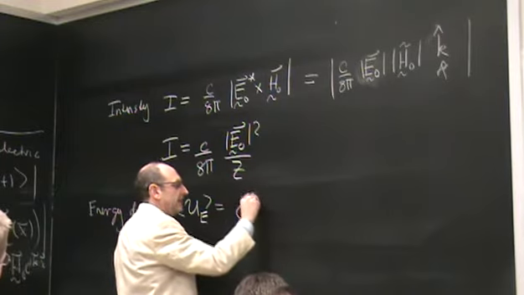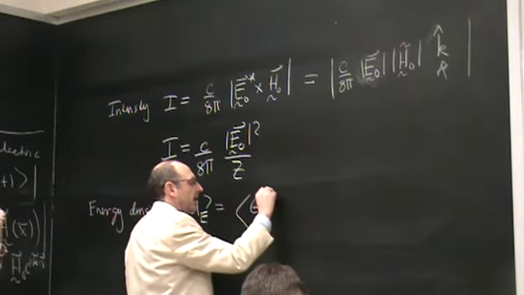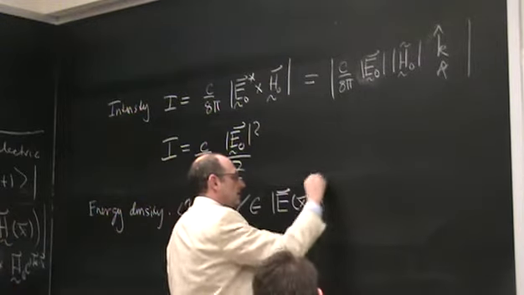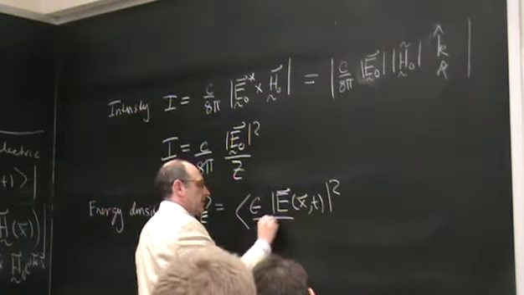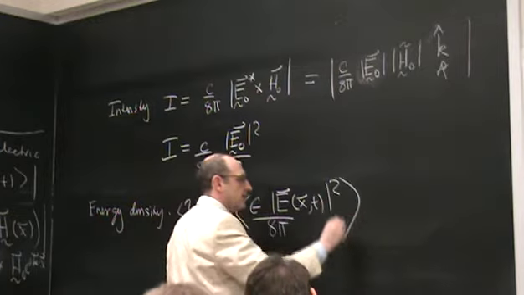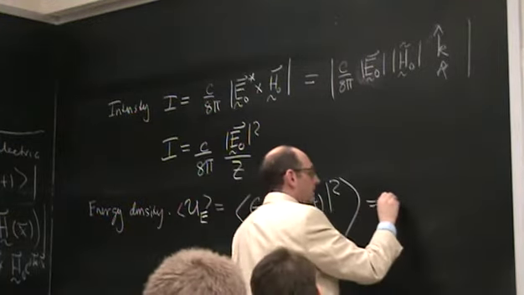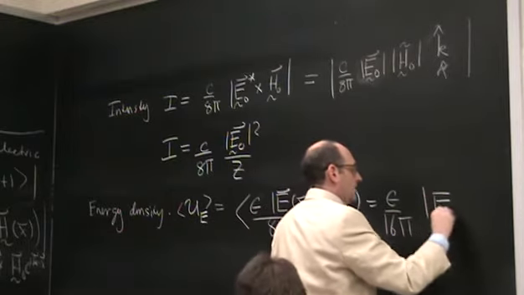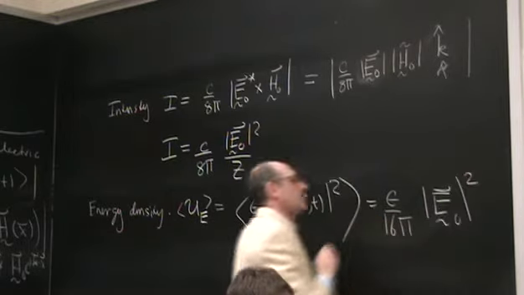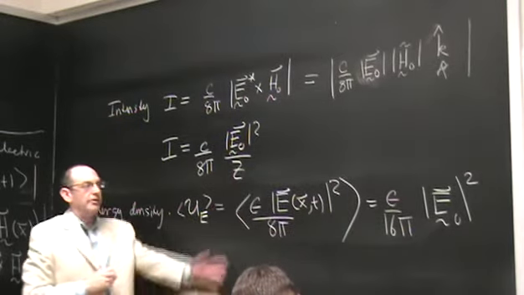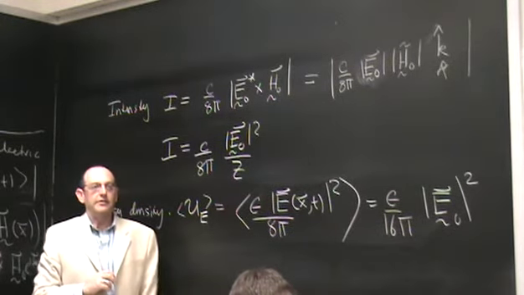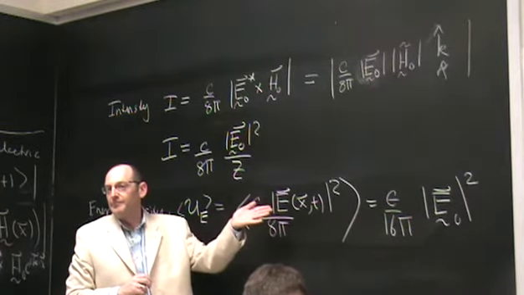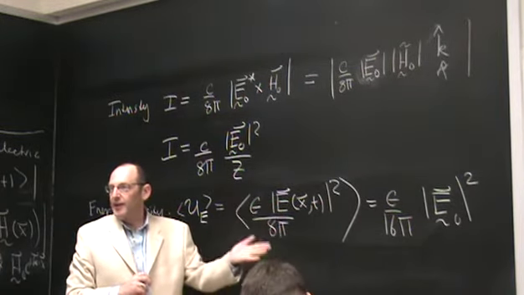That's the time average of epsilon E squared over 8 pi, which is 1 over 16 pi E0 tilde squared, using the trick that we just discussed. 1/2 the real part, and the real part is already real, E star E is E squared.